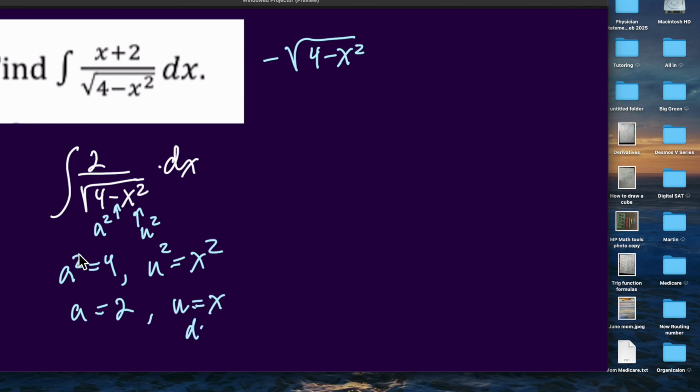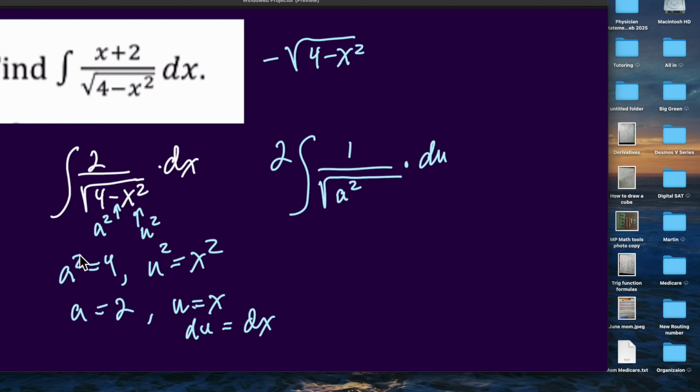We're going to take our du, and that's simply going to be dx. We're going to rewrite our integral by pulling the 2 out front. We're going to have a 1 on top. Instead of dx, we're going to replace that with du. And down below, we're going to have a squared minus u squared. We're then going to build our solution. We're going to have our 2 out front. Here's our inverse sine.